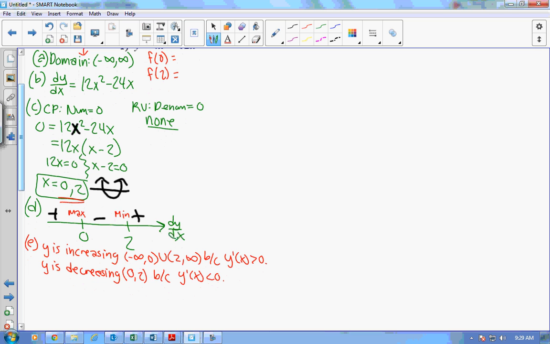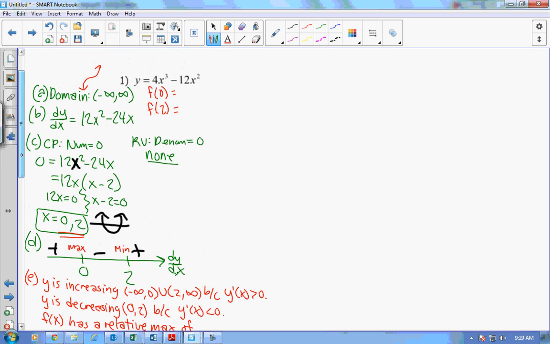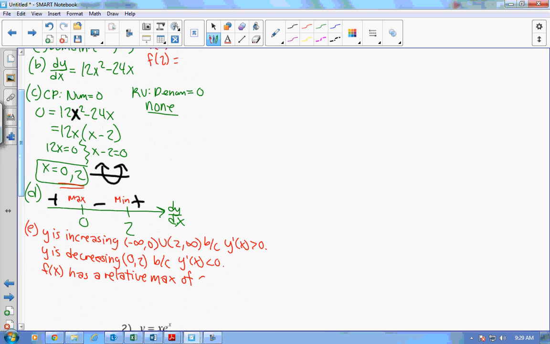Okay, so this one we already know is a max. f of x has a relative max, because we know the function goes up forever, of, what do you get when you plug in 0? 0. Of 0 at x equals 0. And we have to say this because why do we know this is a relative max?